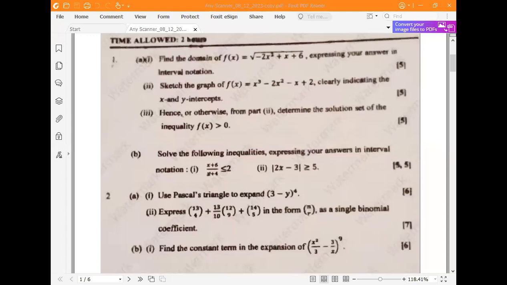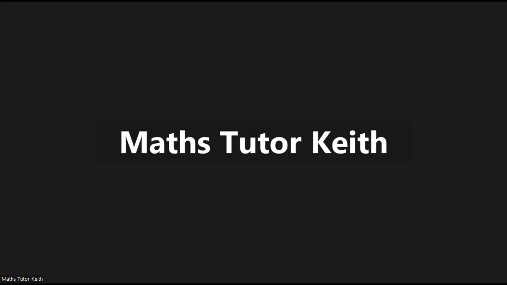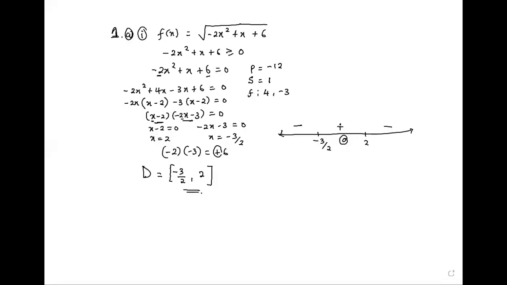So now we need to do that polynomial. So we do the polynomial part. The polynomial is in part 2.